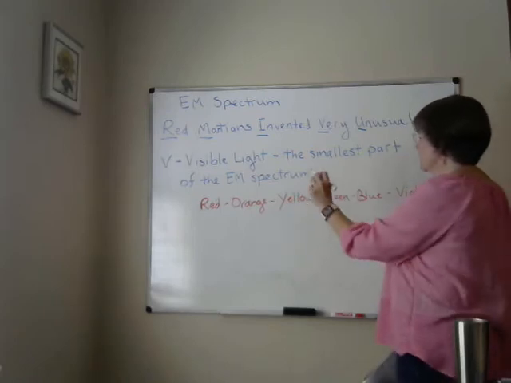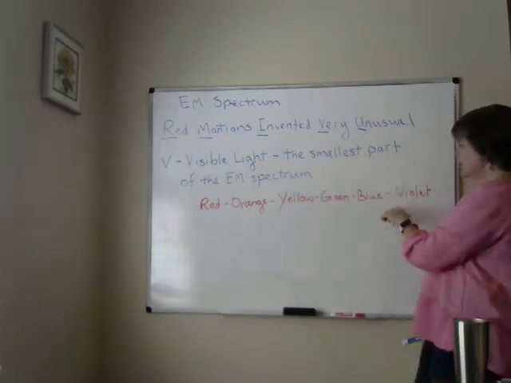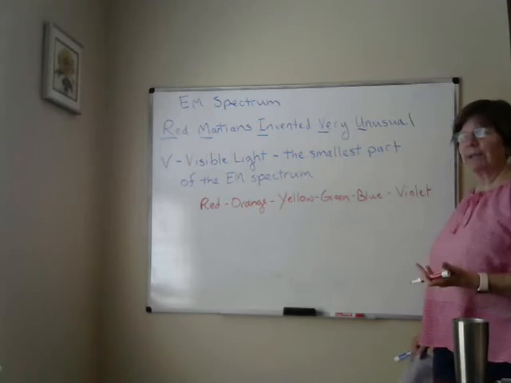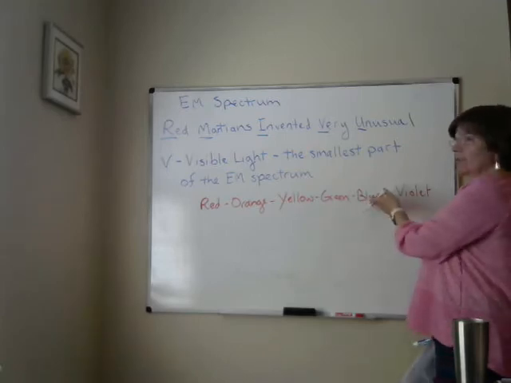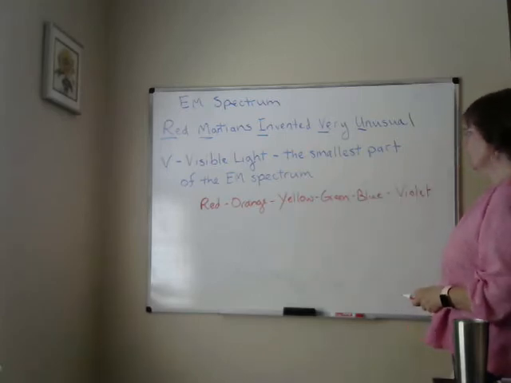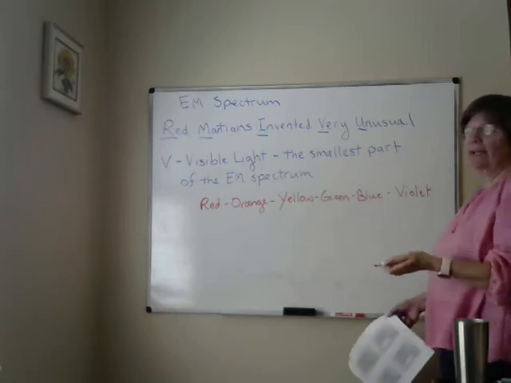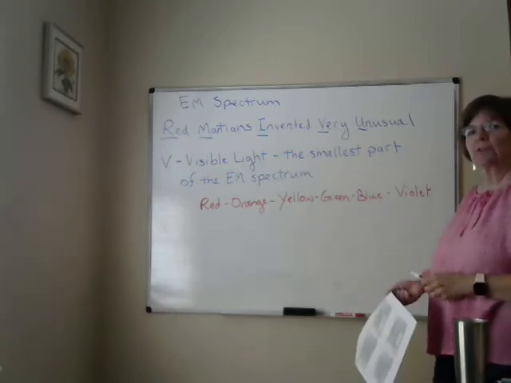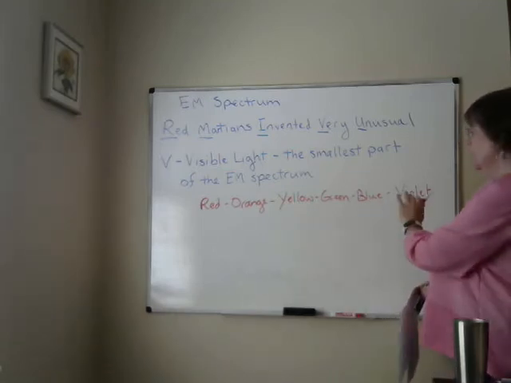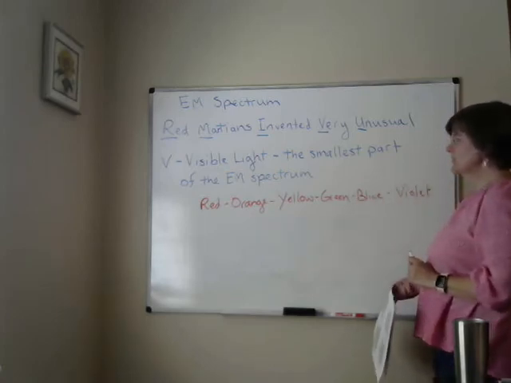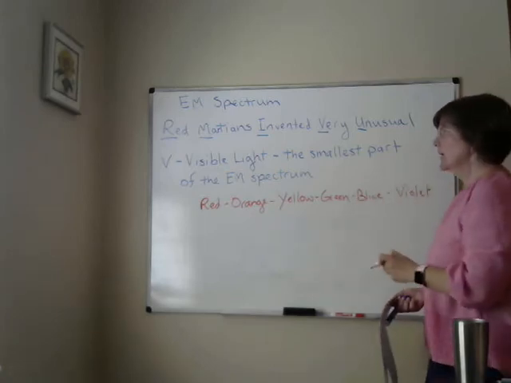You may have learned ROY G. BIV, but I don't usually include indigo because blue and violet pretty much cover it. Those are the primary colors we think of if we're buying water paints. They're not the primary colors of light per se, but that's our spectrum. Those are the colors in the rainbow.